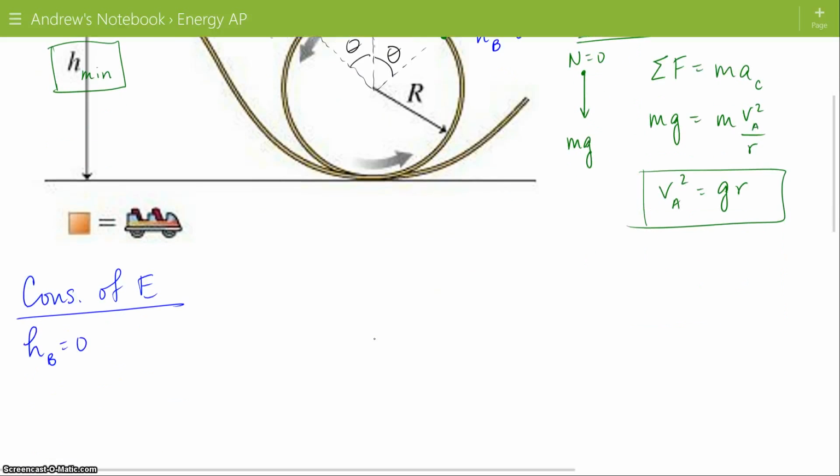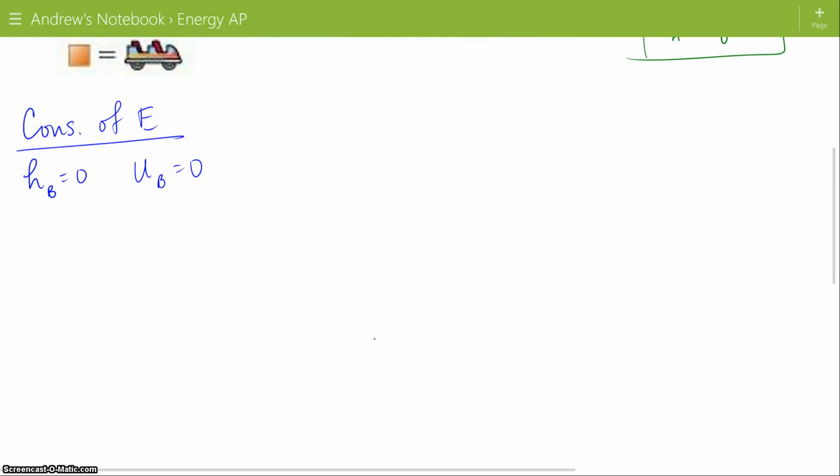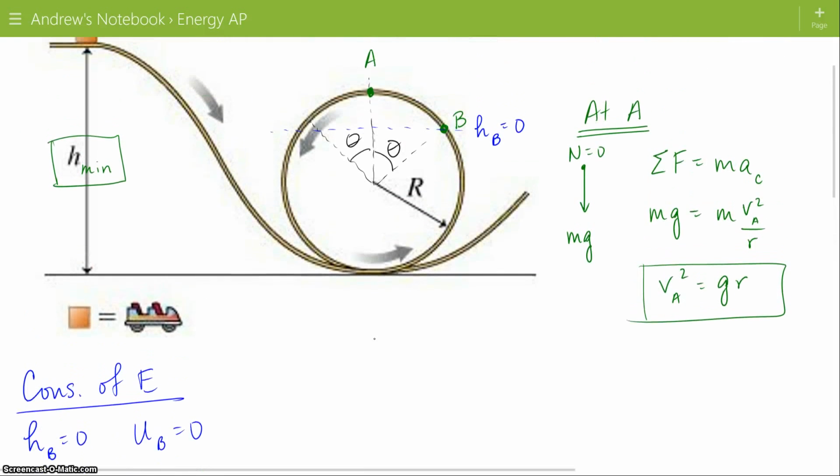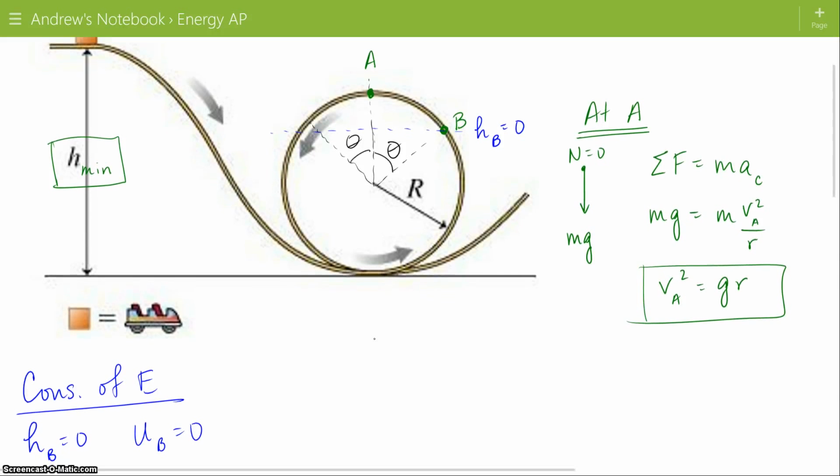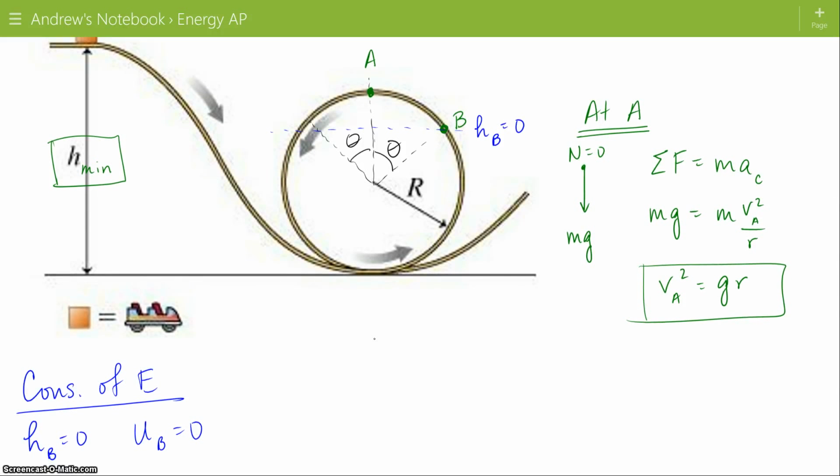Okay, so that means that the potential energy at point B is 0, and so I can say that the kinetic energy at point B, the initial kinetic energy it has at point B, is equal to, at point A, if I choose point A to be my final point, kinetic energy at A, and also a little bit of potential energy at A, because as you can see from the diagram, point A is above point B. Now exactly how much potential energy?